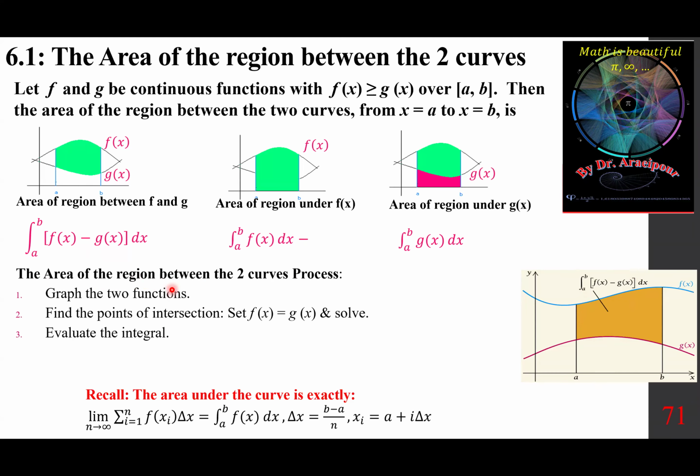The area of the region between the two curves, here's the process. Number one, graph the two functions. Number two, find the points of intersection. If they have points of intersection, you want to find them. How do you find them? By setting f equals g, or f of x equals g of x, and solve. And now that you have points of intersection, you can evaluate the integrals because it gives you an idea what the limits are.